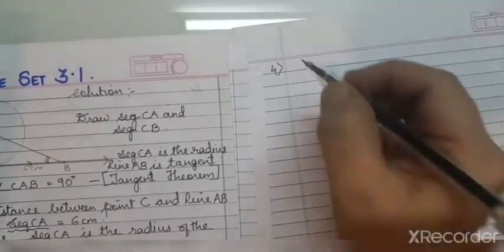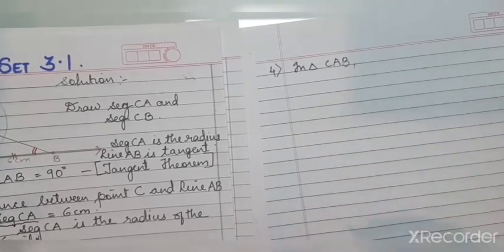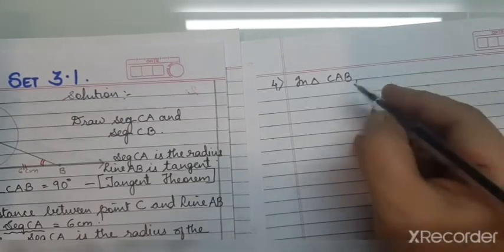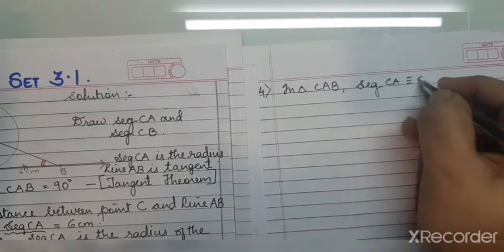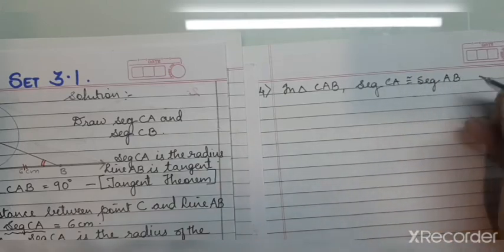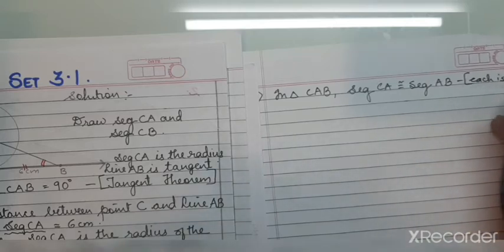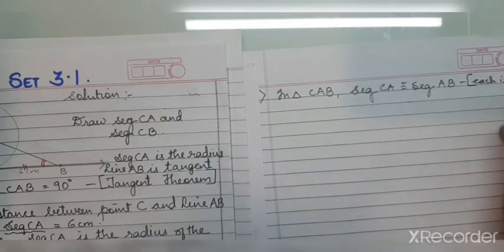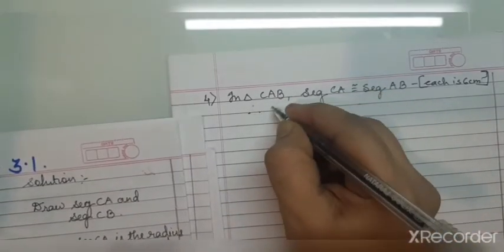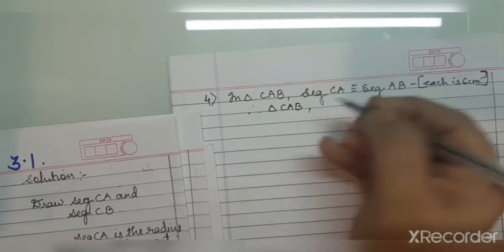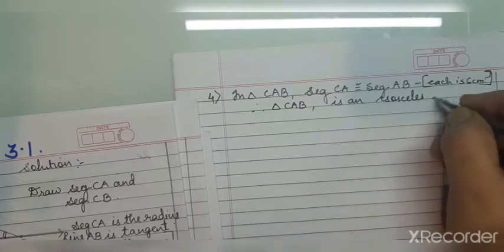So we write the fourth part here in triangle CAB. We will write here that segment CA is congruent to segment AB. Okay, because you can write given, or you can write each is 6 centimeter. Okay, now after this we have to write, therefore triangle CAB is an isosceles triangle.